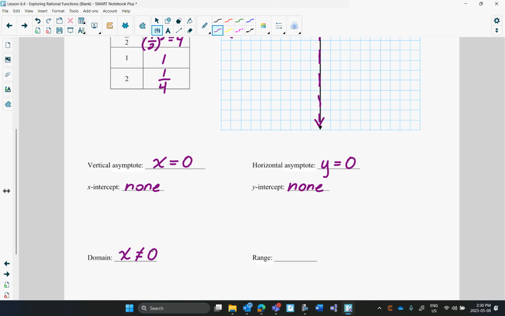The range, oh, my mistake. What is the range? Not including 0 and everything above, to infinity, yes. That we can use interval notation.